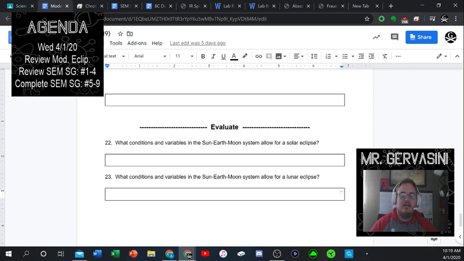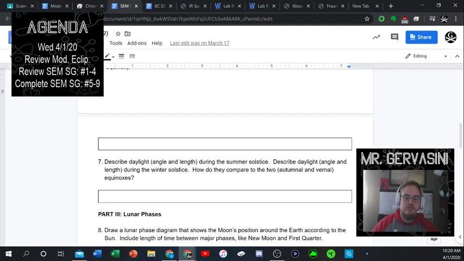It's got to be in that alignment, closest to the Sun and then opposite the Sun. New moon and full moon. Okay? And so you can start to see some of these match together. Spring tide, they match with eclipses. If you can see a lunar eclipse, you have a high tide right now. So those relationships are going to be important as you do this study guide.